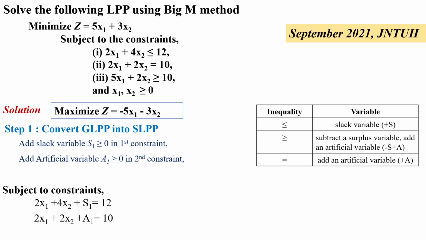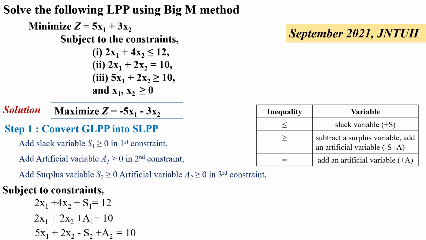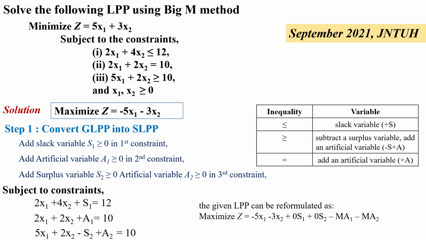Then the second constraint will become 2x1 plus 2x2 plus a1 equal to 10. Next we have to add the surplus variable s2 and artificial variable a2, which is greater than or equal to 0, in the third constraint. Then the third constraint will become 5x1 plus 2x2 minus s2 plus a2 equal to 10.